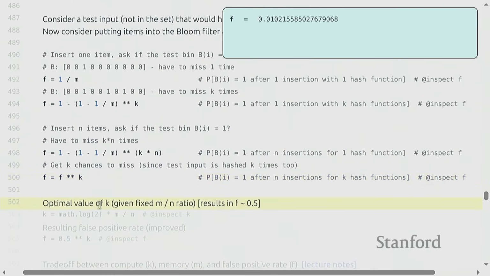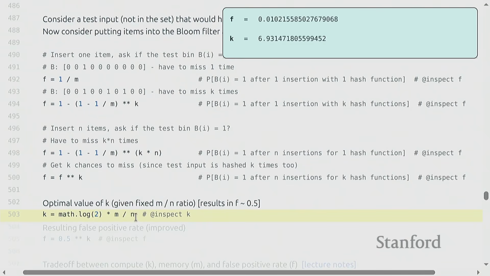You can actually look at the expression f here and compute the optimal value of k given a fixed ratio, as this is sort of an asymptotic calculation, and then you find that k scales as order m over n.